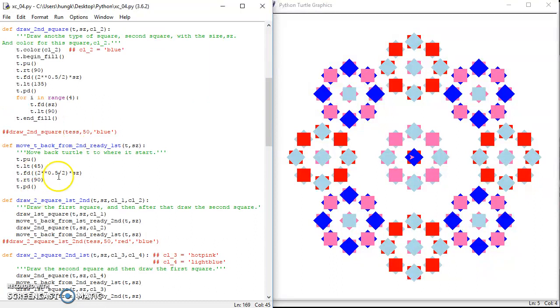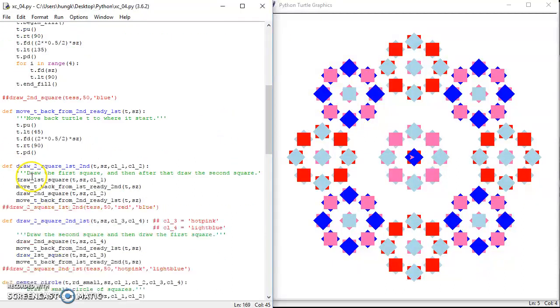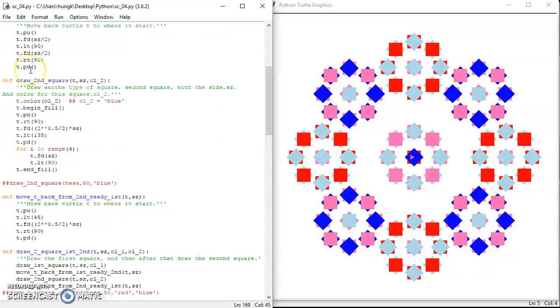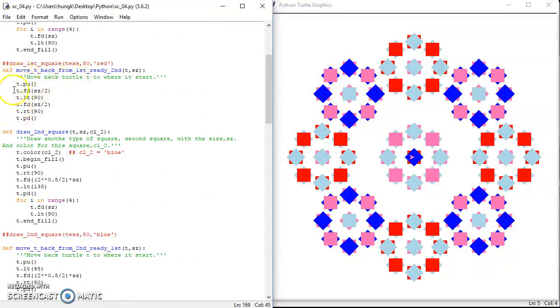Same thing with this one here. After we draw the second square, the blue one right here, we move back to where it started. So it's the same thing as we did for the first one.